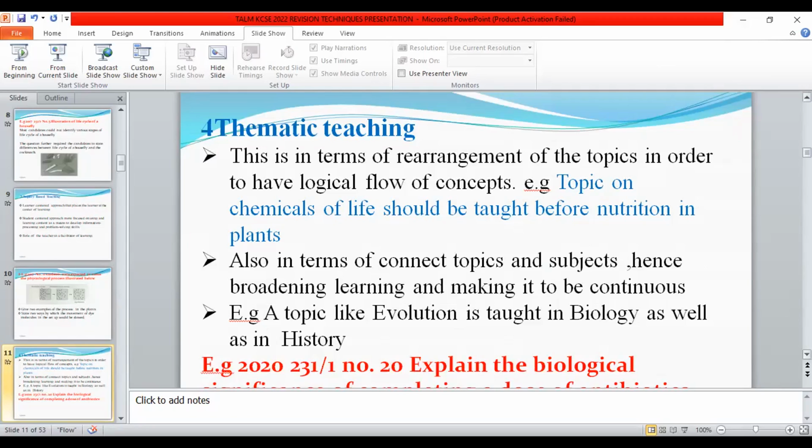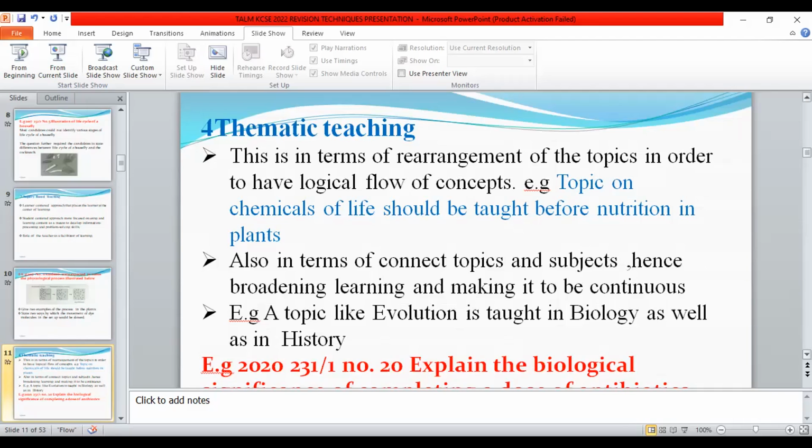If you look at the organization of those topics in our books, nutrition in plants is normally taught before chemicals of life. And that is why maybe when you are revising in Form 4 at a time like now, you will find most of the students saying that they have a problem with the topic on nutrition in plants.